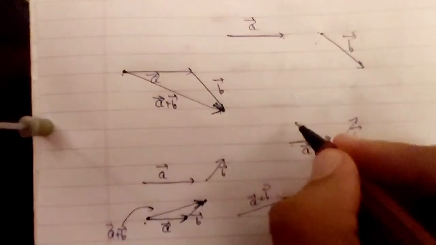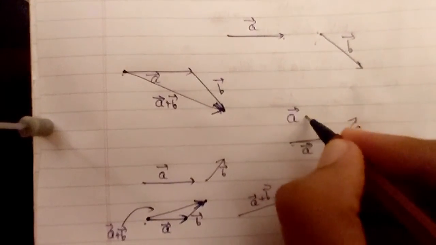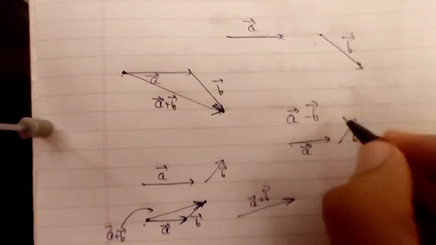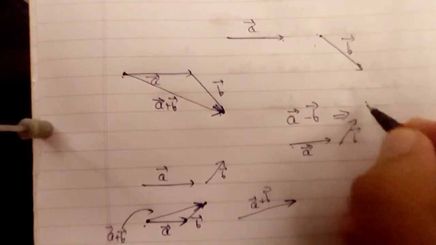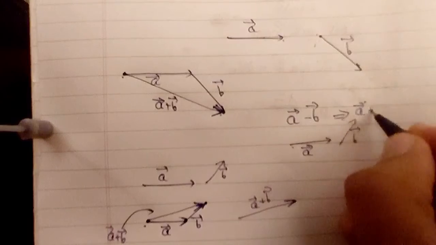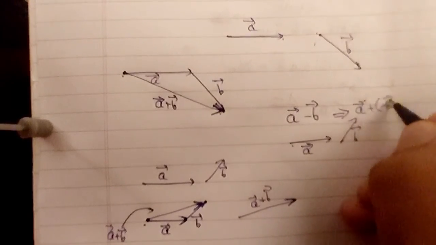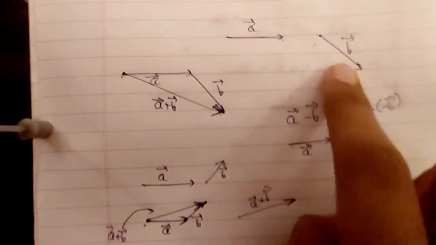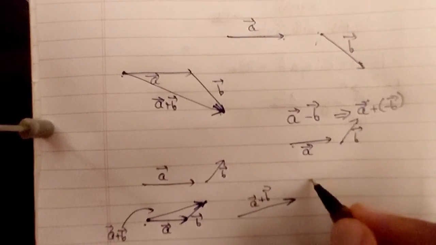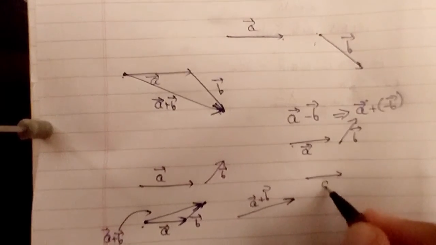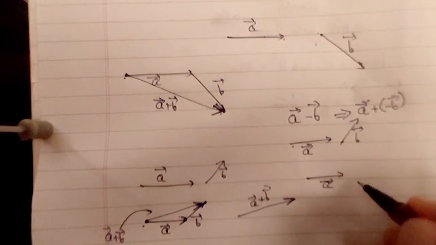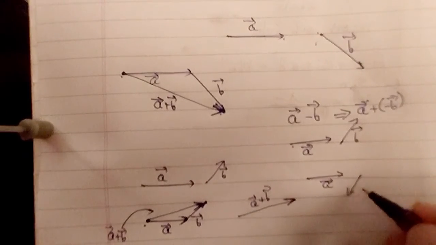Say the question is A vector minus B vector. Convert this into A vector plus minus B vector. If you can understand this portion of it, it's very simple. This is A vector and this is minus B vector.